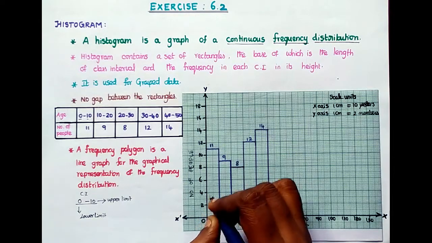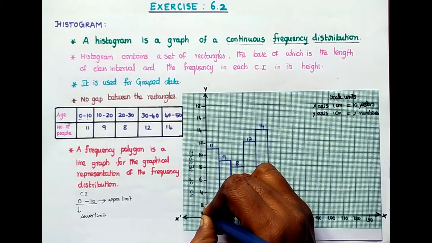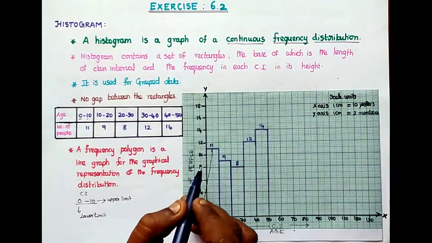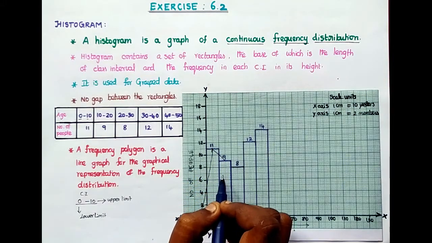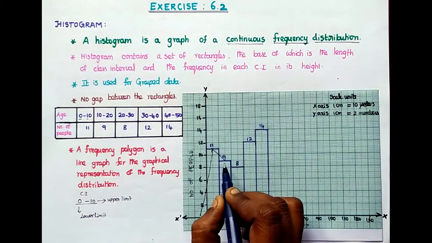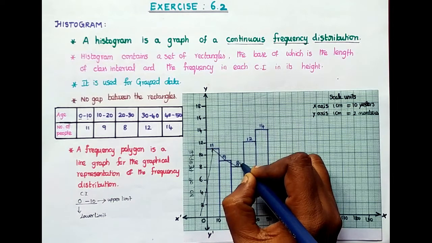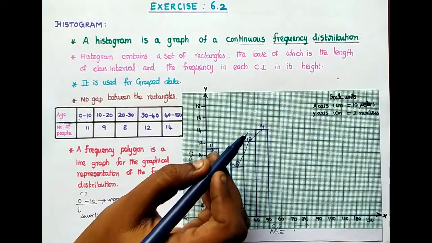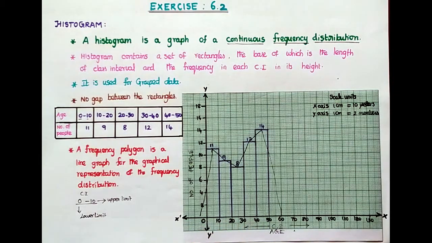Listen, from here we have to draw the frequency polygon, that is, the center of the top of each bar, next center, and next to this one. So this is the frequency polygon.